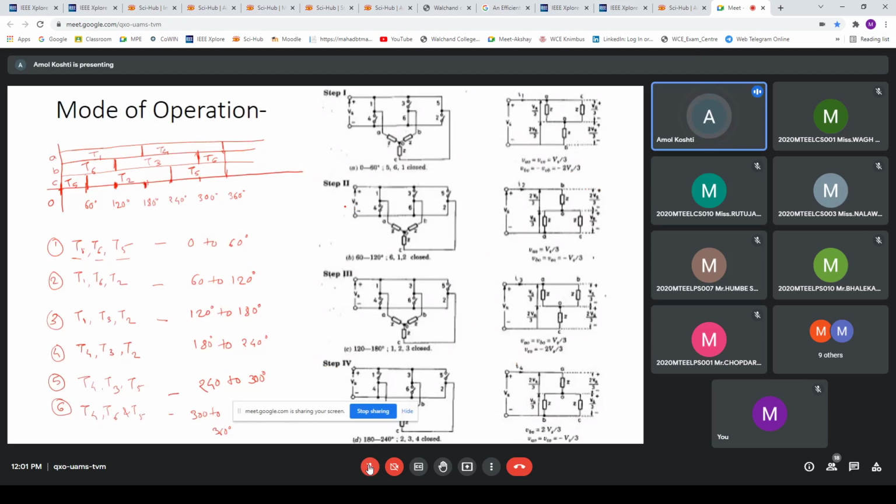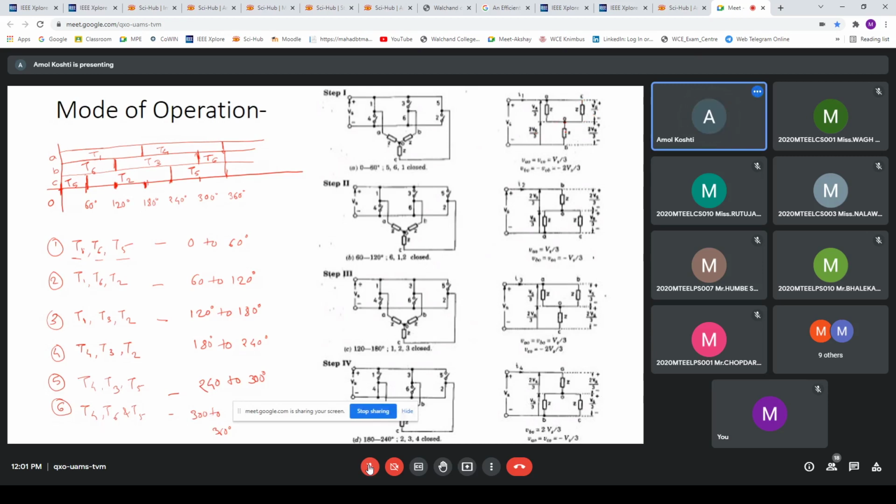These are the switches that are on, and based on this some drop takes place, calculated by the voltage division rule. A phase with respect to the neutral, that is the O point, VS by 3 drop takes place across phase A. Then C with respect to neutral, VS by 3 drop again takes place.